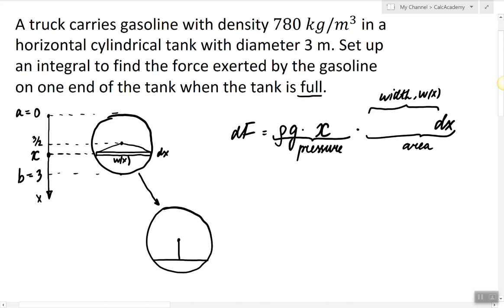So this distance right here is x minus 3/2. This distance right here is half of w, and this distance right here is the radius, which is 3/2. So the relation between x and w can be expressed by this formula.